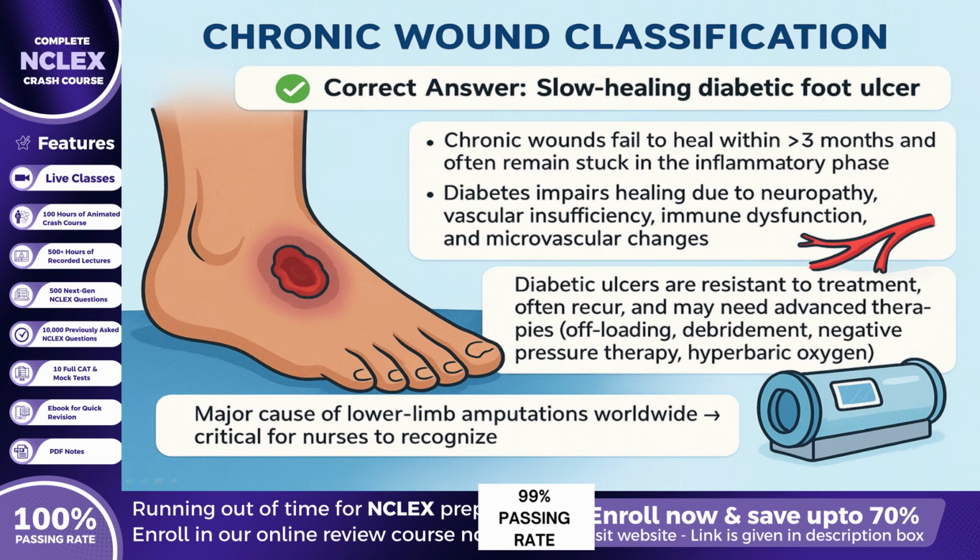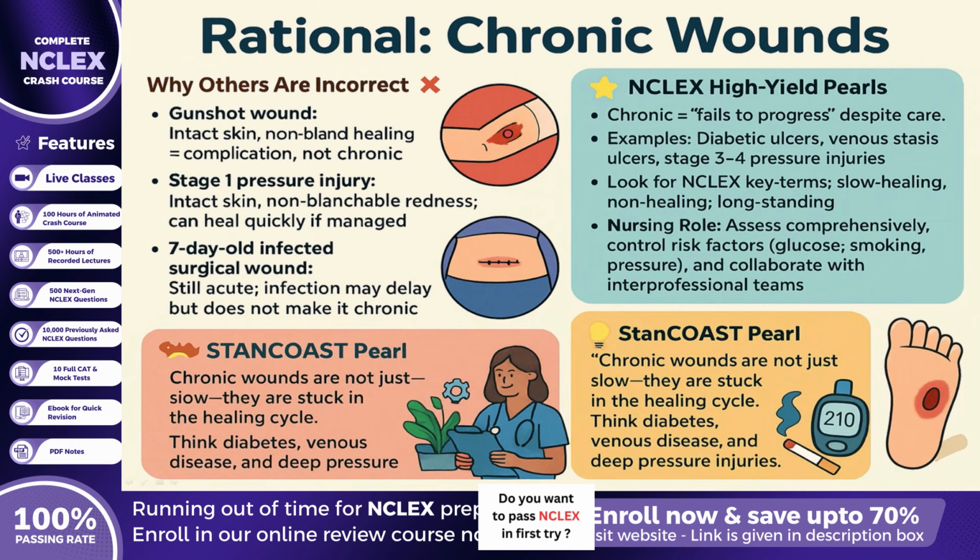Because of these barriers, diabetic foot ulcers frequently recur, remain resistant to conventional treatment, and may require advanced therapies such as offloading, frequent debridement, negative pressure wound therapy, or even hyperbaric oxygen therapy. These wounds are a leading cause of lower extremity amputations worldwide, which makes their recognition and management absolutely critical for nurses.